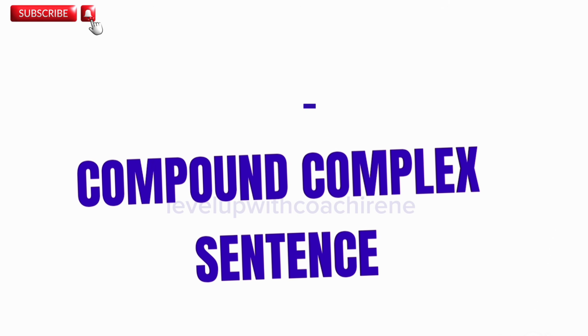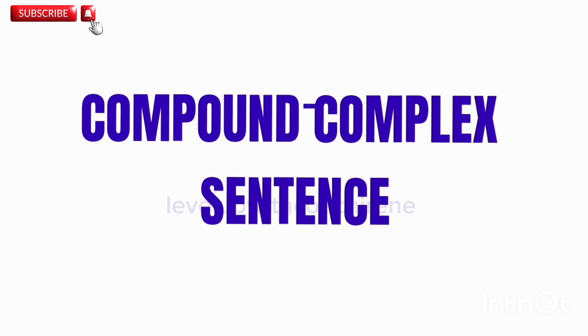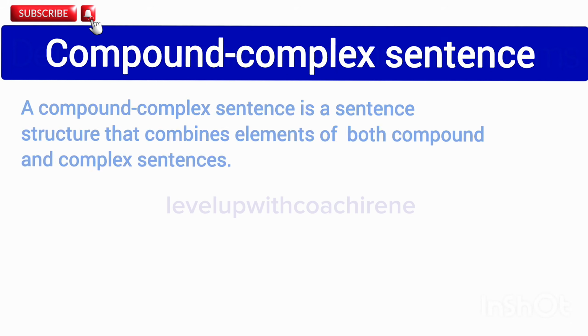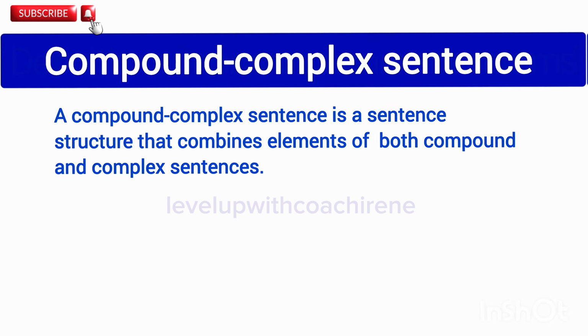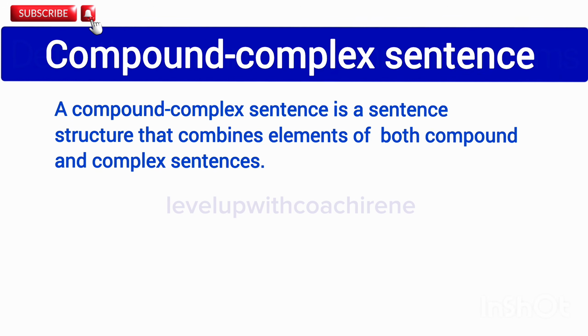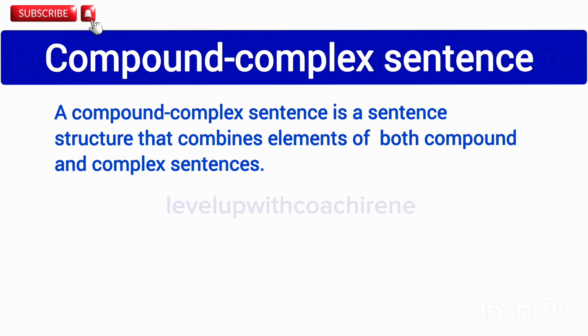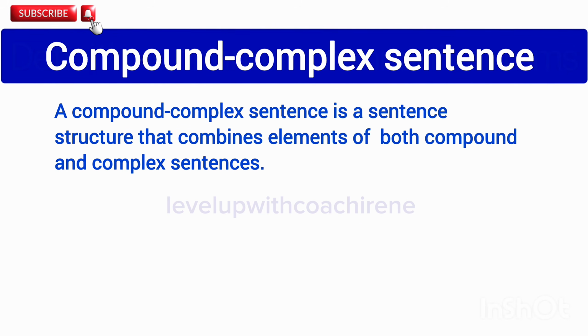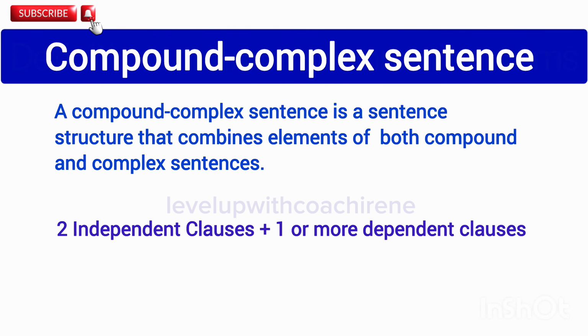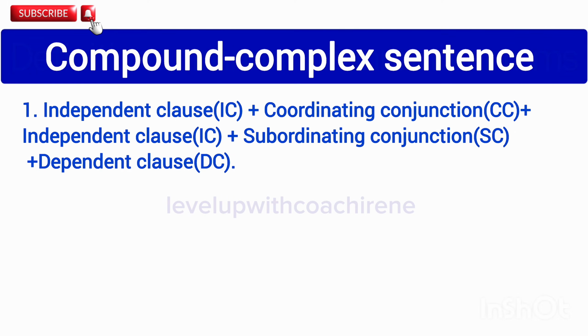Lastly, let us look at compound complex sentences. A compound complex sentence is a sentence structure that combines elements of both compound and complex sentences. It consists of at least two independent clauses and one or more dependent clauses. It is formed with an independent clause plus coordinating conjunction plus independent clause plus subordinating conjunction plus dependent clause.